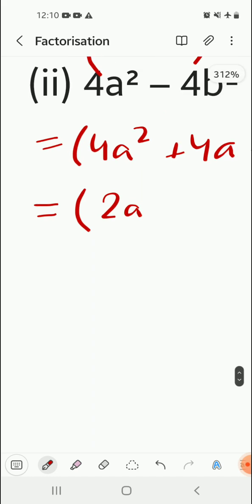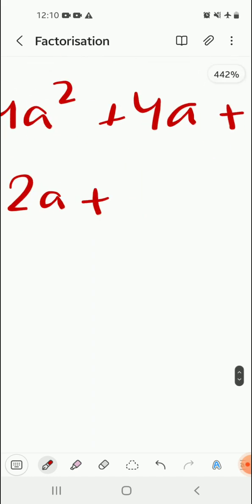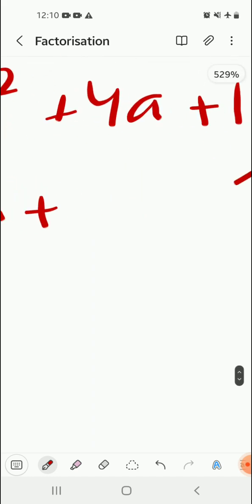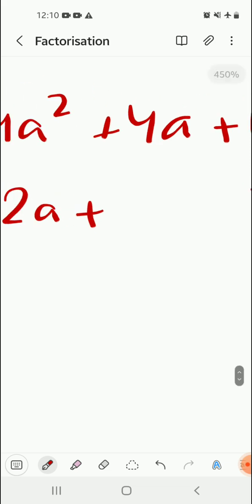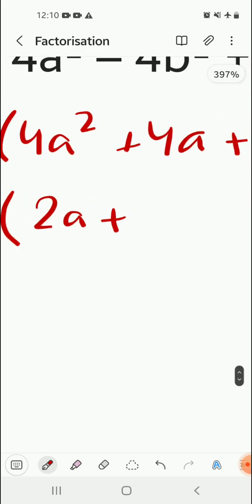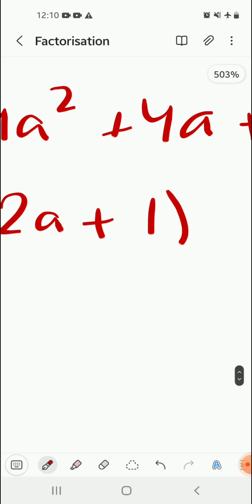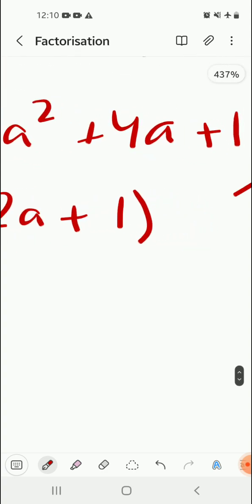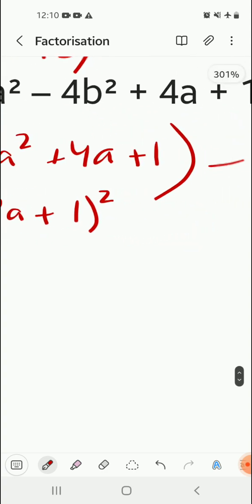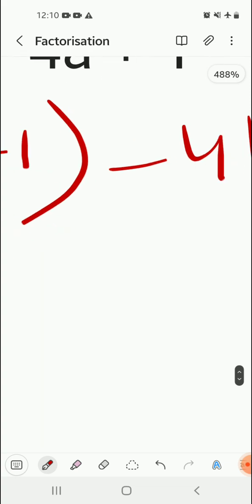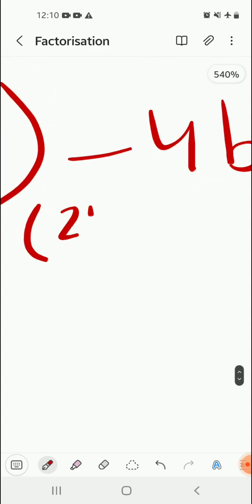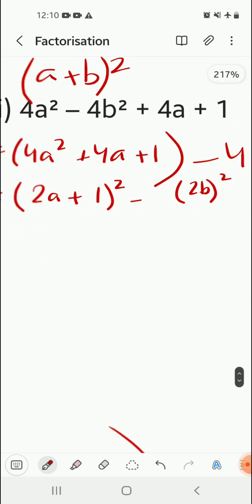After this, plus 2ab, plus b square, so it is 1 whole square, minus 4b square, we can write it as 2b whole square. So it is an a square minus b square formula.